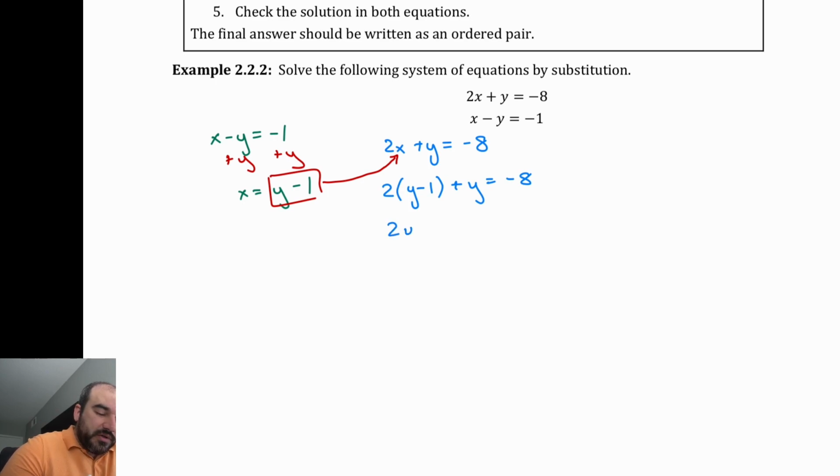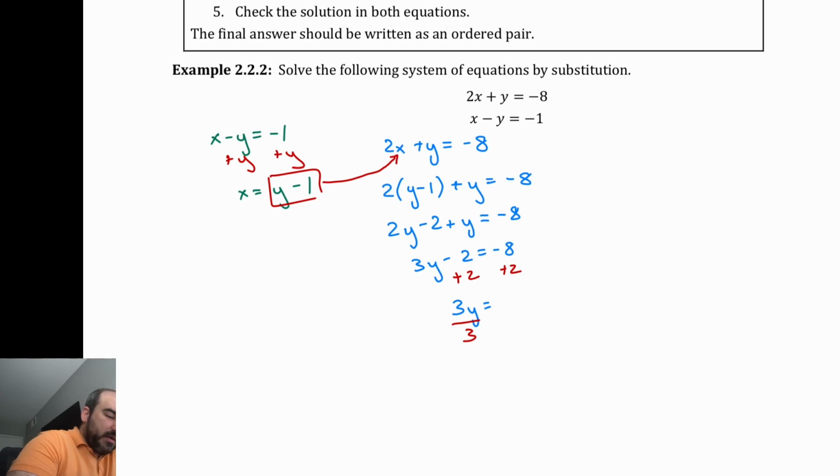So we distribute: 2y minus 2 plus y equals negative 8. The 2y plus y is going to give me 3y minus 2 equals negative 8. And then we can simply add 2 to both sides, divide both sides by 3. Whoa, sorry, it's not 10.